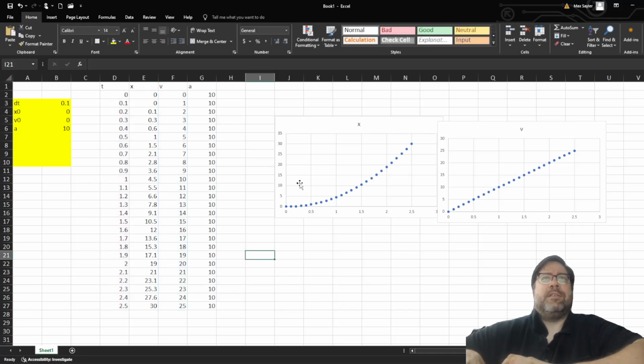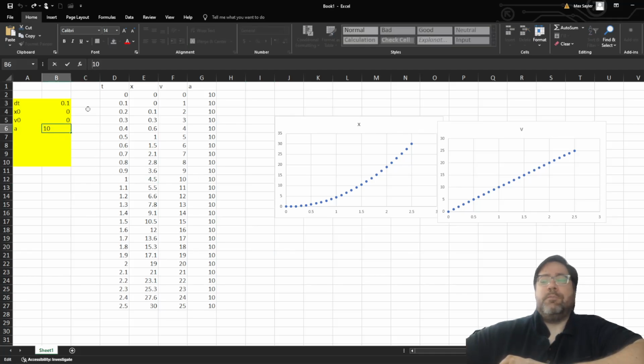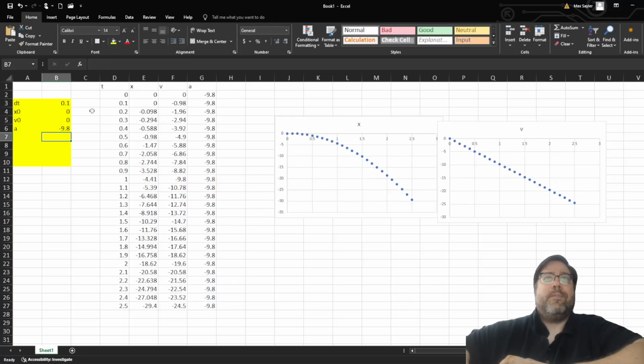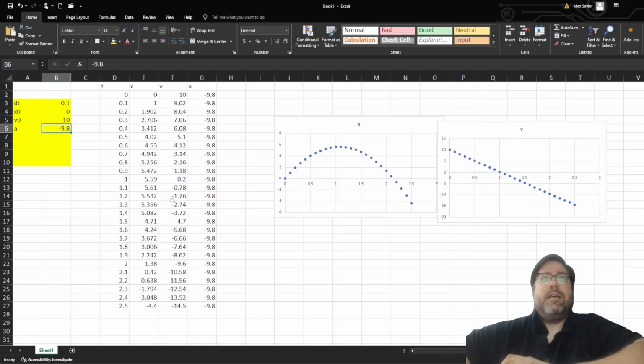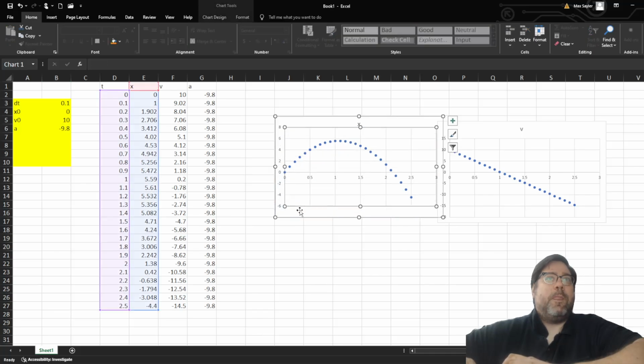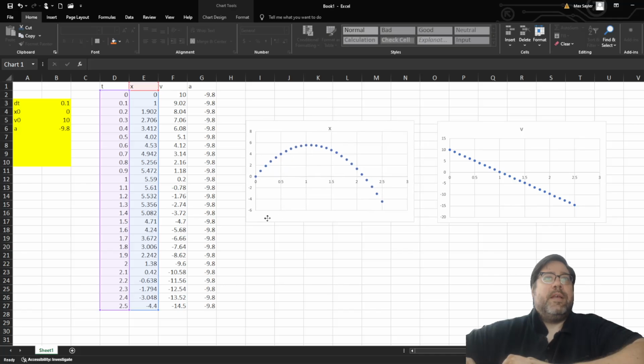Let's go ahead and make this look like something more interesting. Let's make it look like a ball that we threw up. In that case, acceleration equals minus, and we can put 9.8 instead of 10 here, minus 9.8. So now the ball is falling down, but let's give it an initial velocity going up of 10 meters a second, and there we go. Hopefully you can see my mouse in this plot.